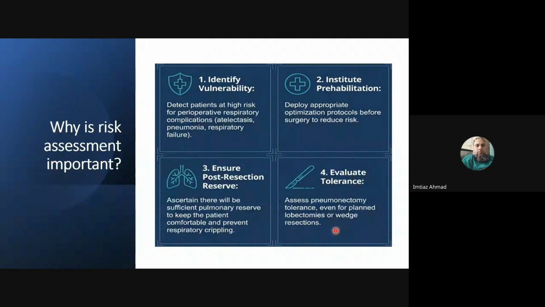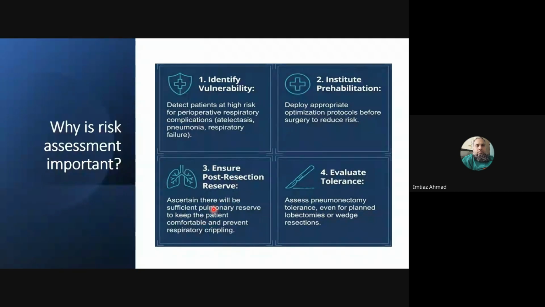Why is risk assessment important? It is important to detect patients who are at high risk of perioperative respiratory complications, that is atelectasis, pneumonia, and respiratory failure. Their incidence is about 10 to 15% after surgery. And number two, to deploy appropriate optimization protocols before surgery to reduce risk.